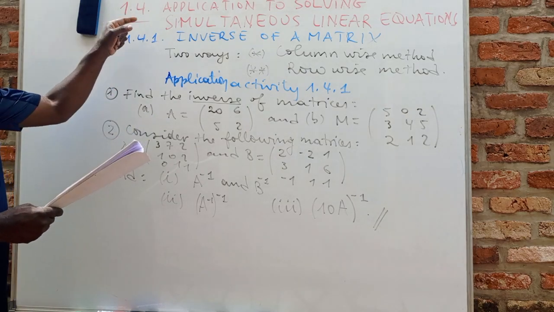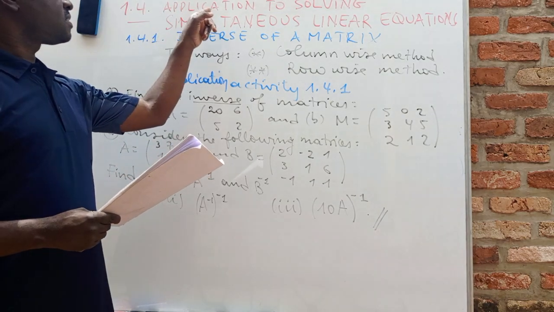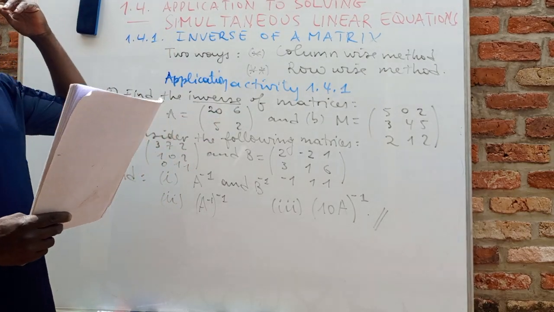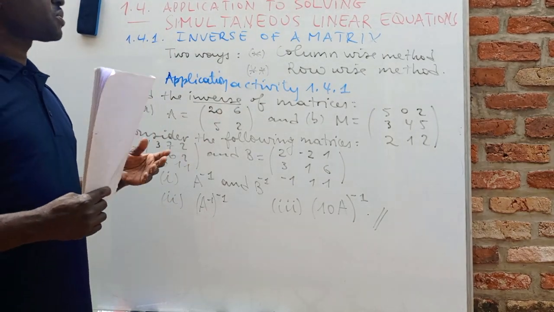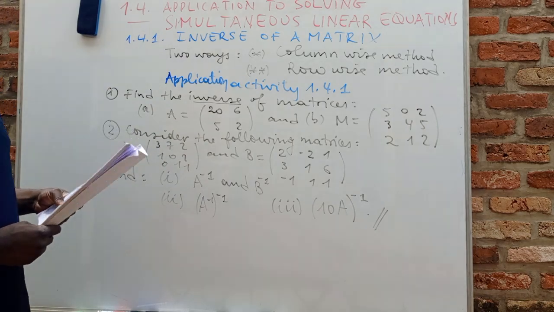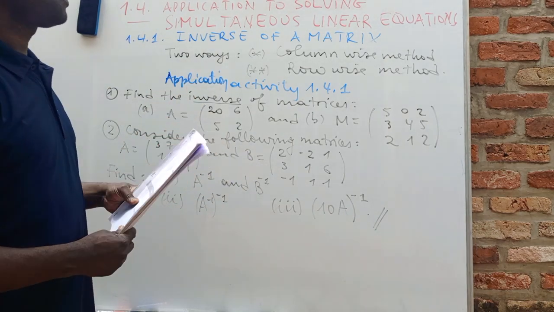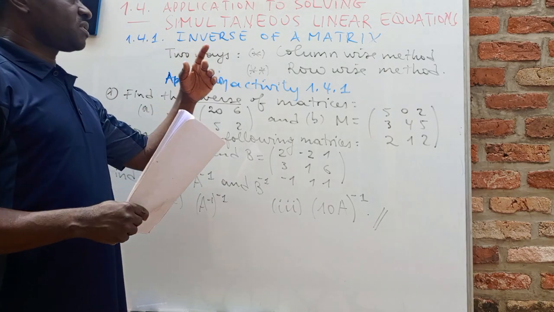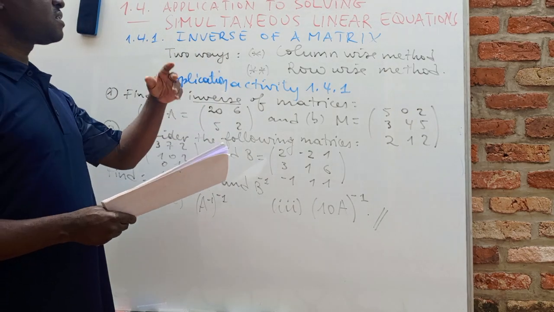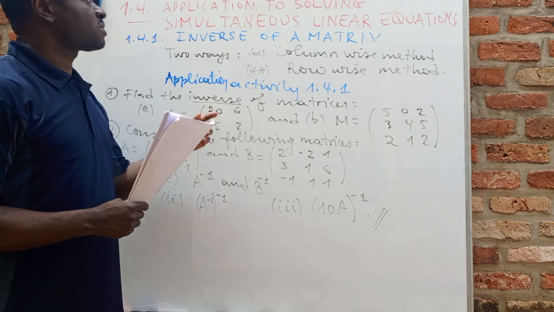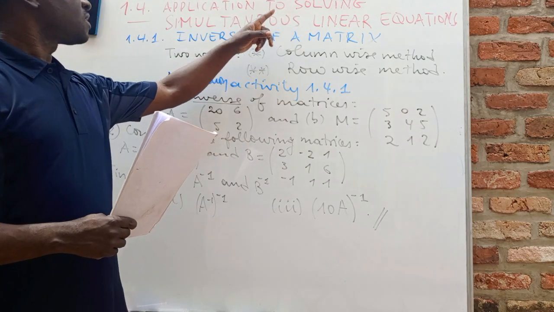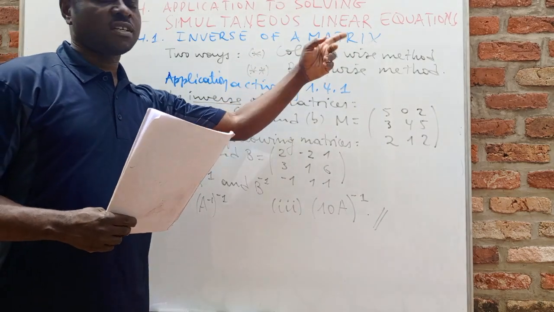So now we are in section 4, and it is the application of what we have learned, like matrix operations, like determinants, like inverse matrix, where inversion is a unary operation, and even transposition is a unary operation, to solve simultaneous linear equations.